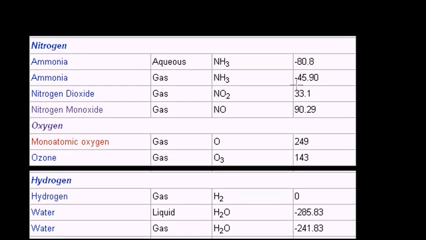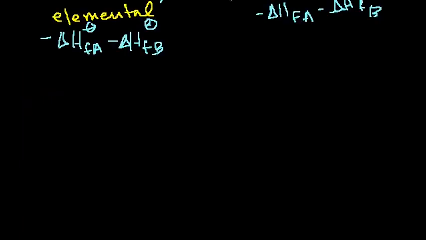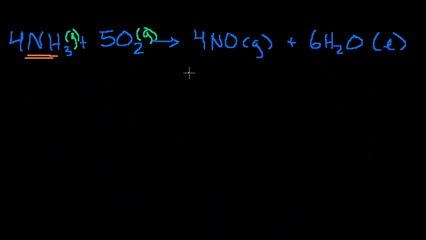Ammonia in the gaseous state has a heat of formation of minus 45.9 kilojoules per mole. That's just for 1 mole of ammonia. I'll just look them all up right now.